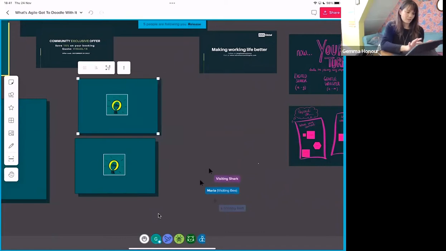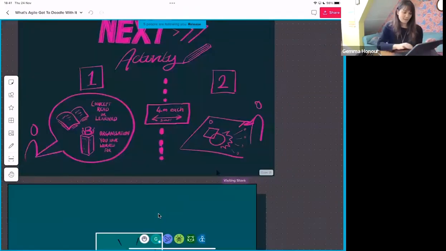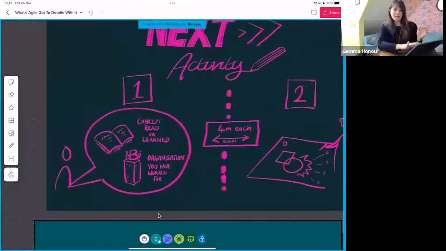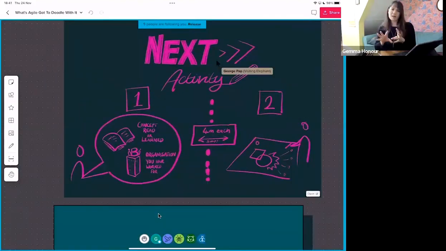I'm going to put you into breakout rooms, in pairs, and ask you to take it in turns. One of you is going to talk about a concept that you've read or learnt, or an organisation that you've worked for. You're just going to do that for 4 minutes.